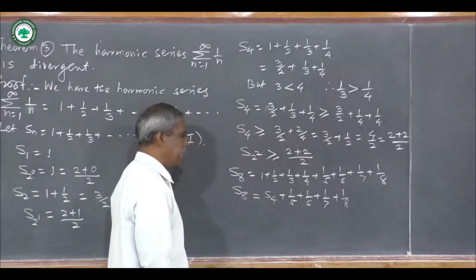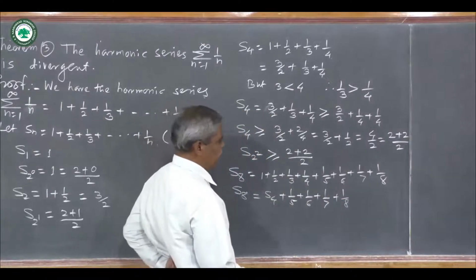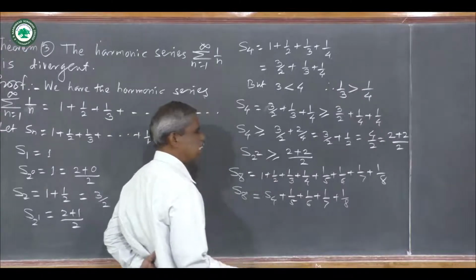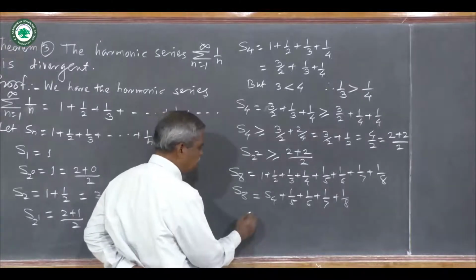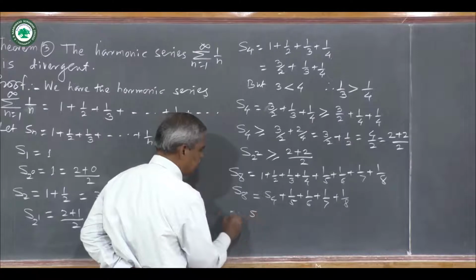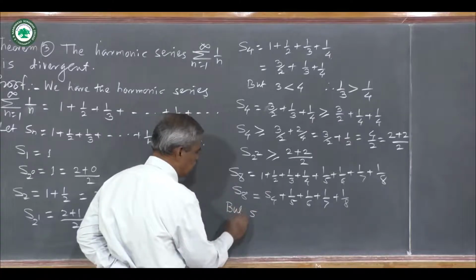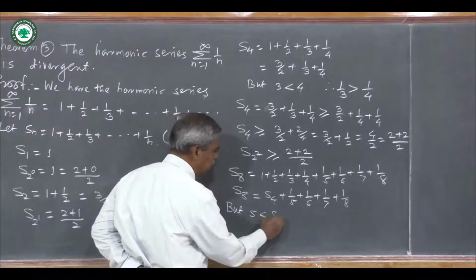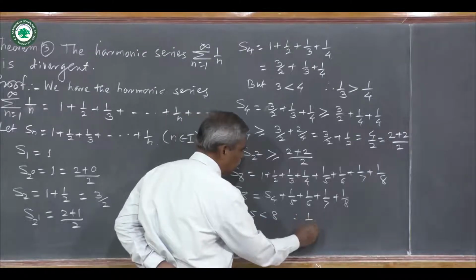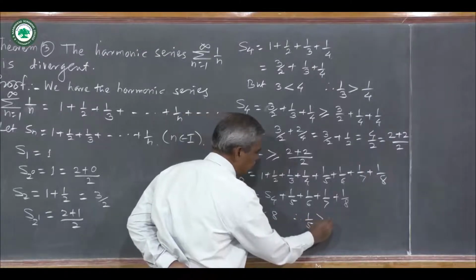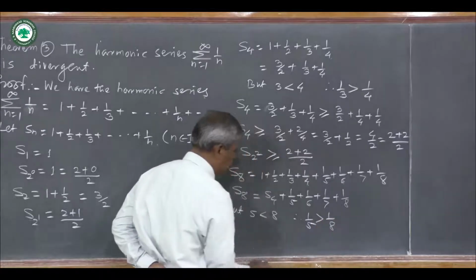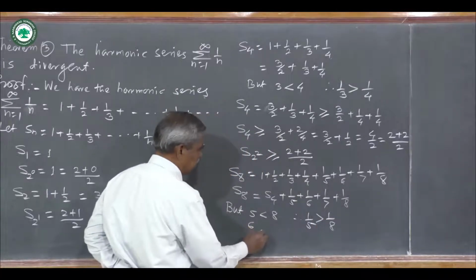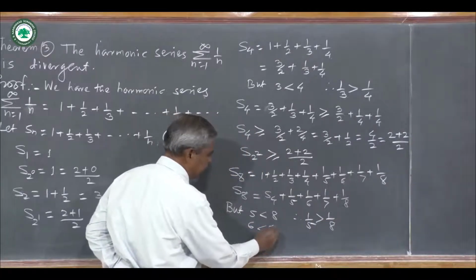But 5 is less than 8. Therefore, 1 upon 5 is greater than 1 by 8. 6 is less than 8.